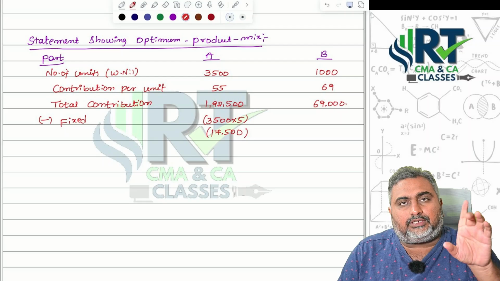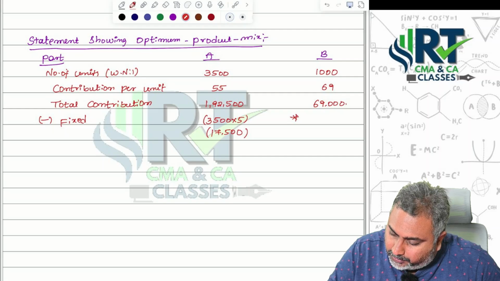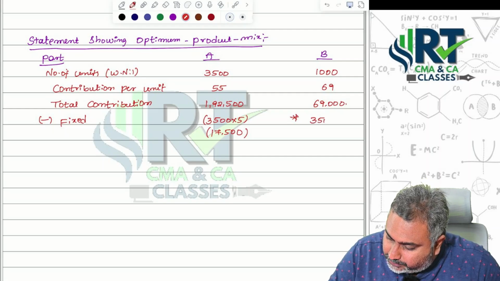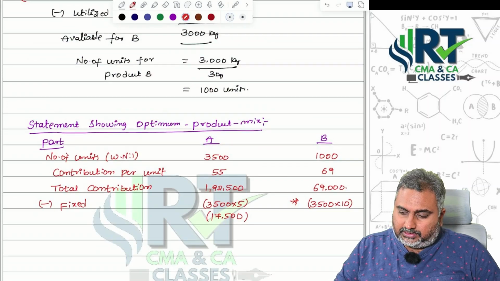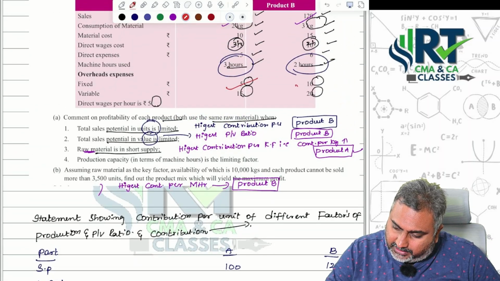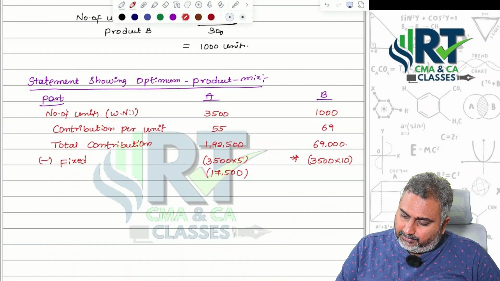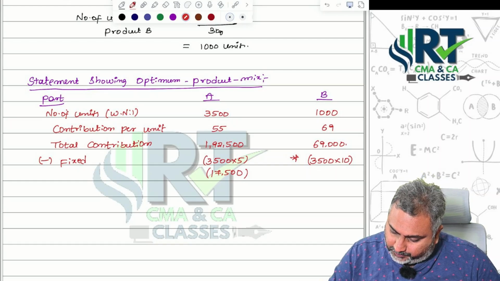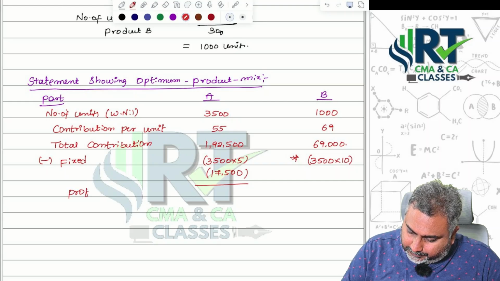So your fixed cost is also incurred for 3,500 units. Important point. By mistake, students will go with 1,000. Sir, where did you get 10 rupees? See the question: 5 rupees and 10 rupees. That's the reason 3,500 into 5, 3,500 into 10. Find out what is the profit.